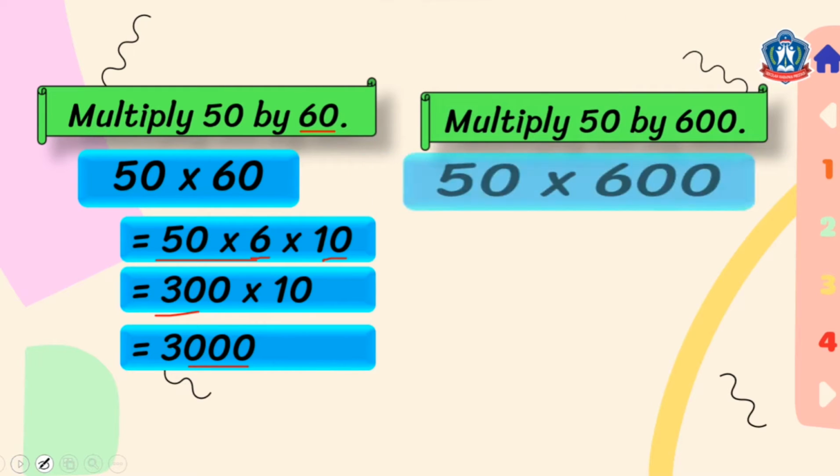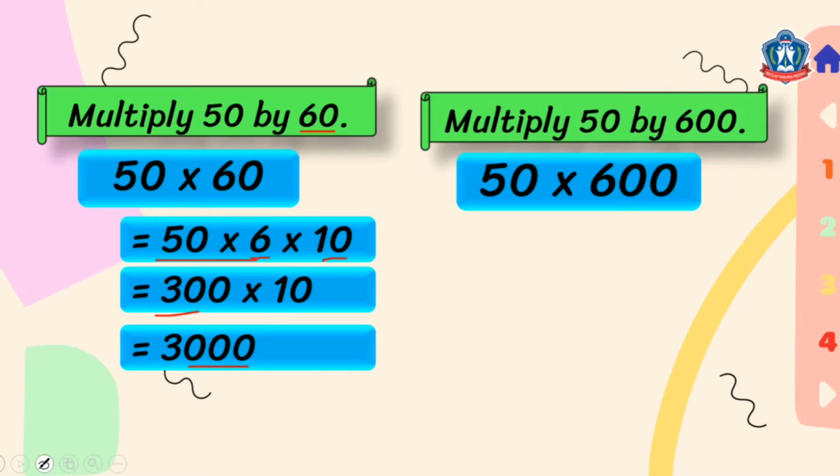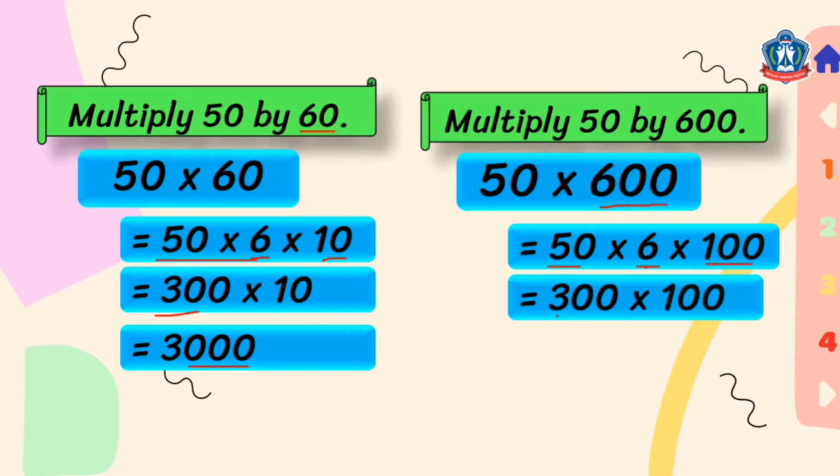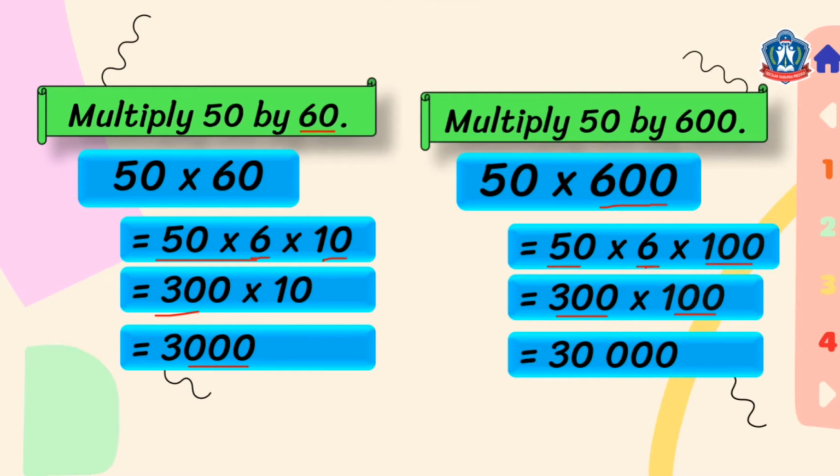How about if we multiply 50 by 600? So 50 times 600, what happens to our answer later on? 600 can be broken down into 6 and 100. So we can multiply 50 times 6 first and it gives us 300. Then multiply by 100 and the answer is 30,000.